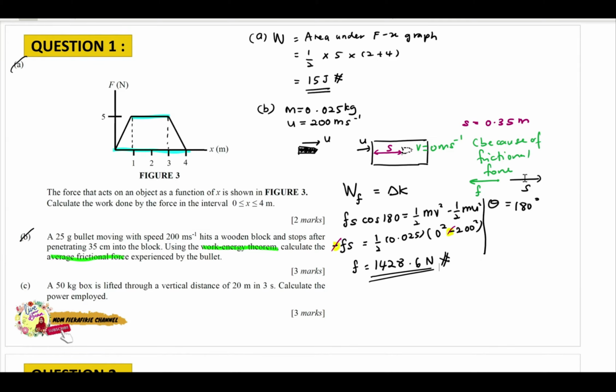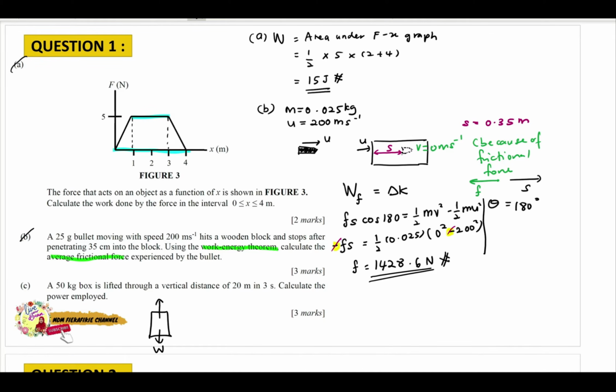And then the last one, C. Okay, so let's read the question. A 50 kg box is lifted through a vertical distance of 20 meter in 3 seconds. Okay, so calculate the power employed. Okay, so means that we have a box here. Okay, so the box, we have the weight of the box W straightly downward.